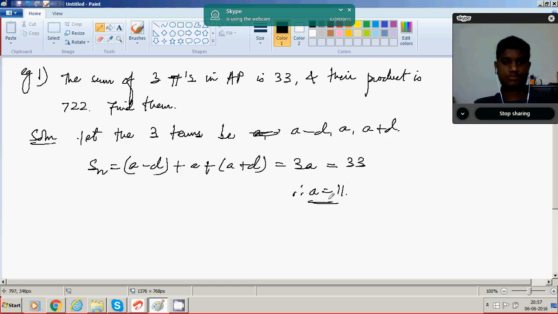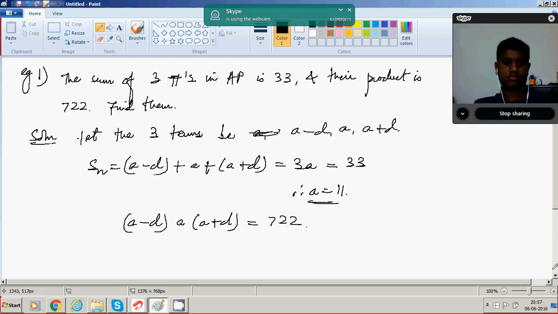Now you see the power of this method. Straight away we got a equal to 11, and then the product of the three terms, a minus D times a plus D, would be equal to 792.